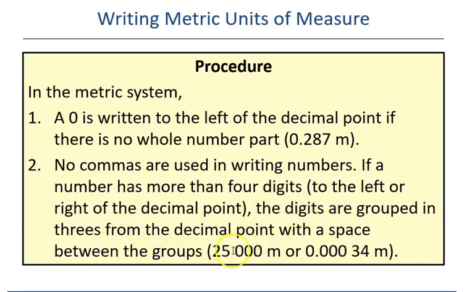So 25 000 meters or 0.000 34 meters. I'll be honest, this is something I forget to do all the time. I probably won't be super picky, but guess what? Hawks probably will be, so be warned about that.